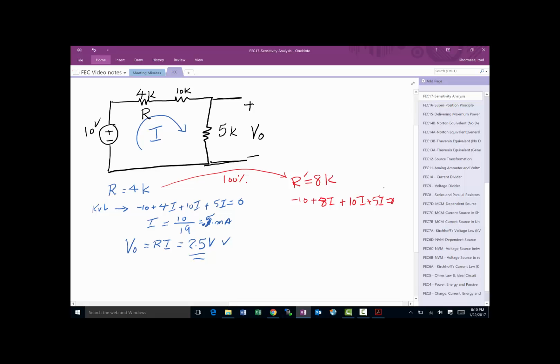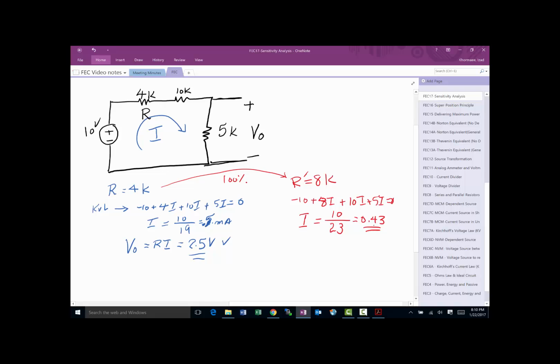Then I is going to be equal to 10 divided by 23, and that works out to more or less 0.43.